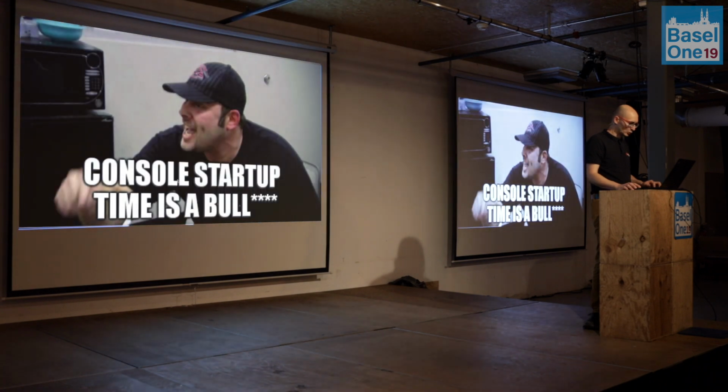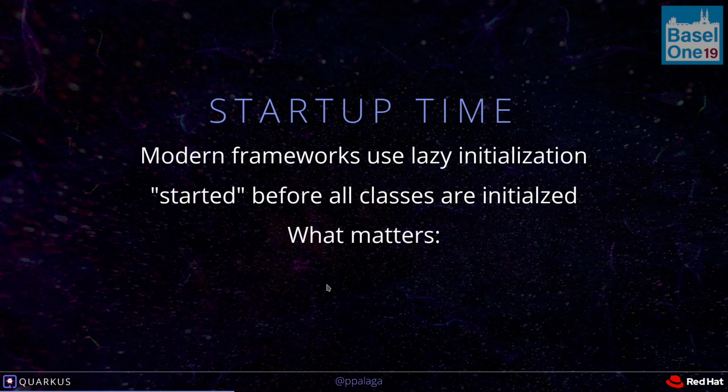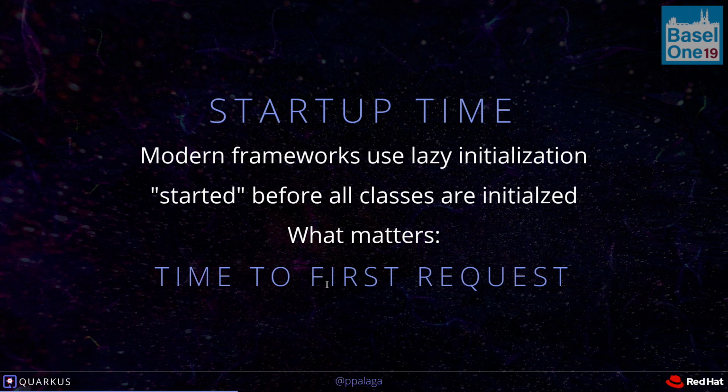Let's look at the boot time. So what the modern frameworks often do, they use lazy initialization. And they report on the console that they started even before all the classes needed to serve your requests are loaded, okay? So what matters is the time to first request.